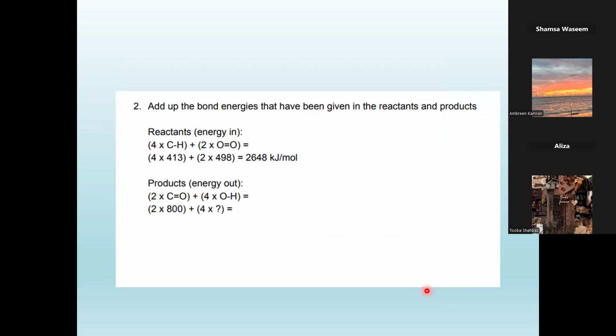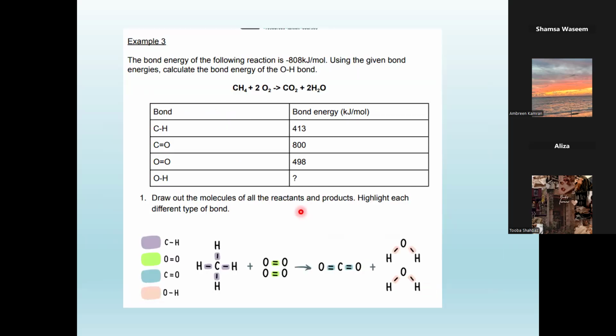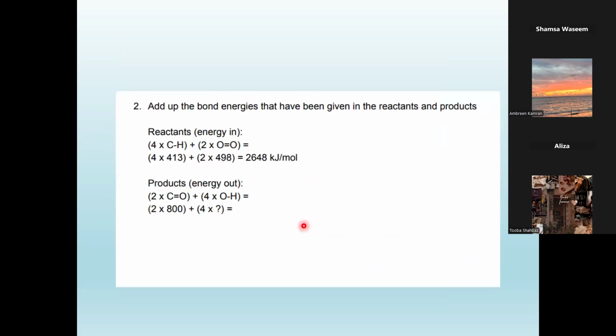Add up the bond energies that have been given in the reactants and the products. In the reactants, the carbon-hydrogen bond energies are given. So there are 4 multiplied by 413 plus 2 multiplied by 498. This is the total energy absorbed in bond breaking.